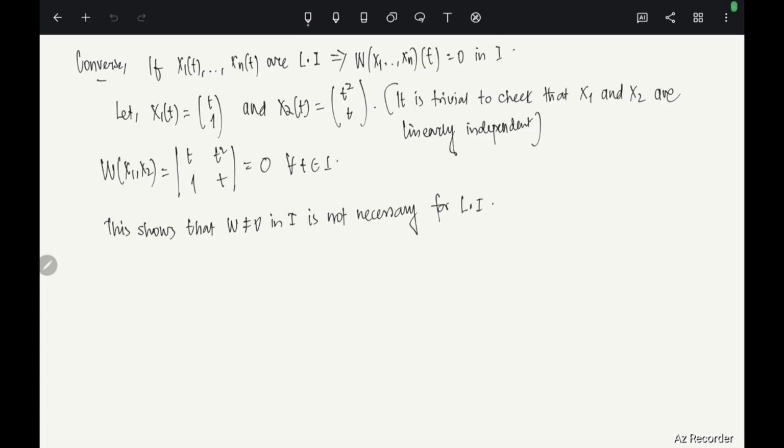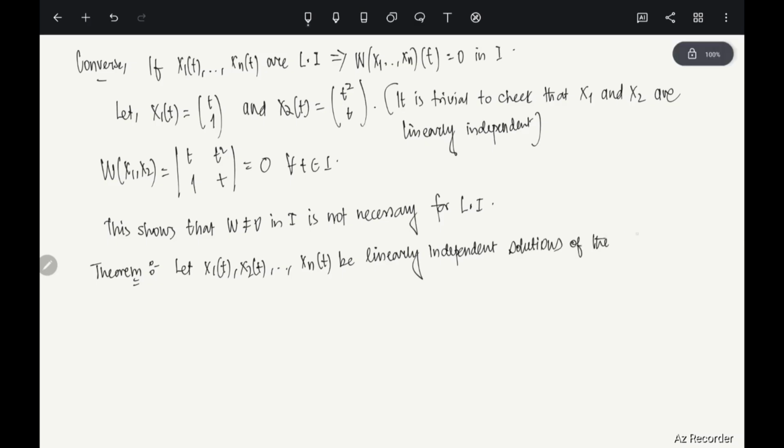So now we are going to look at this converse. When is it valid? Essentially we have this new theorem. It says: let x1(t), x2(t), ..., xn(t) be linearly independent solutions, not any functions anymore, of the differential system x'(t) = A(t)x(t), the homogeneous system.